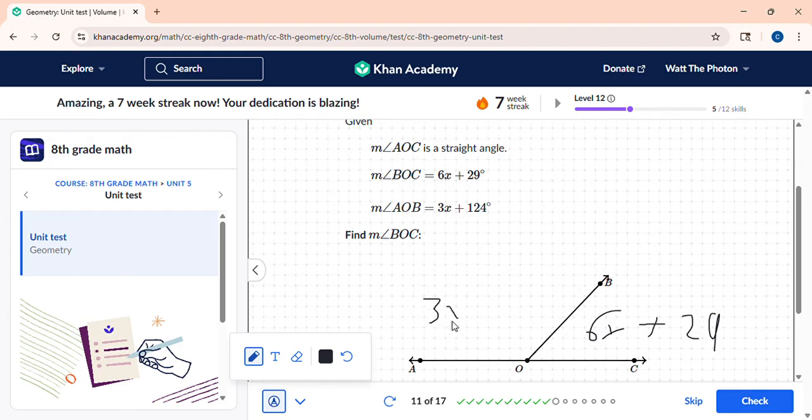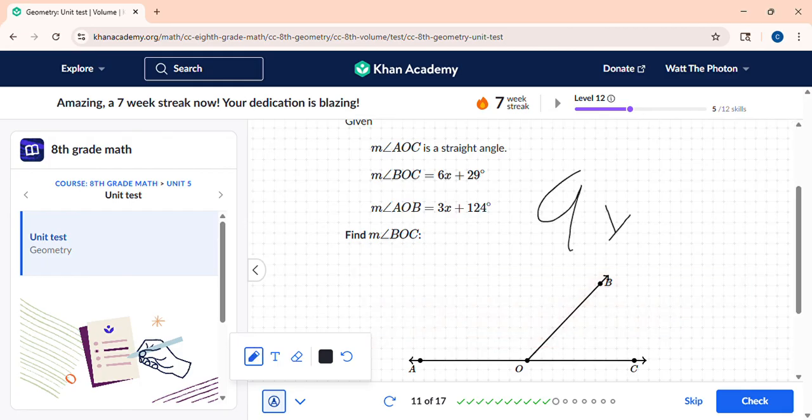AOB is 3x plus 124. Thus we get 9x plus 30 plus 123, so 153.